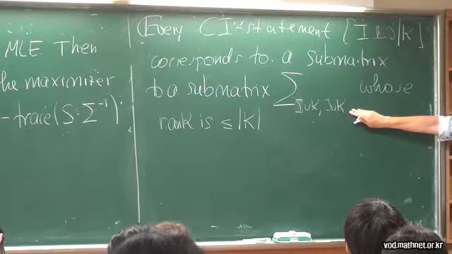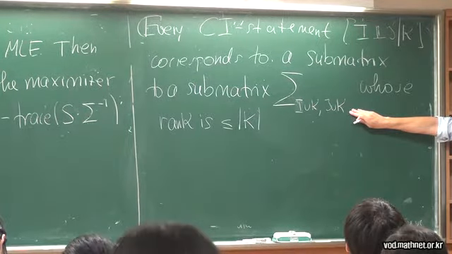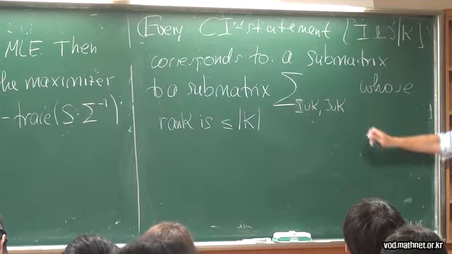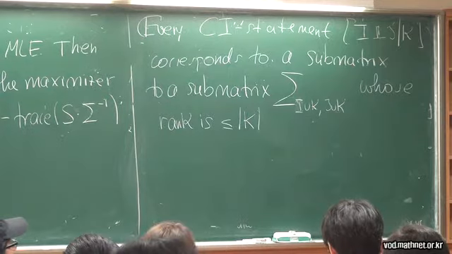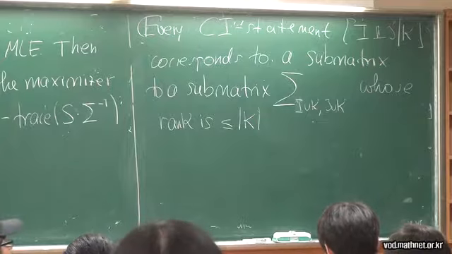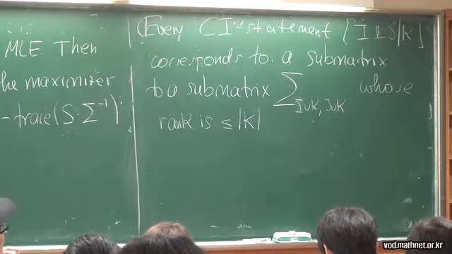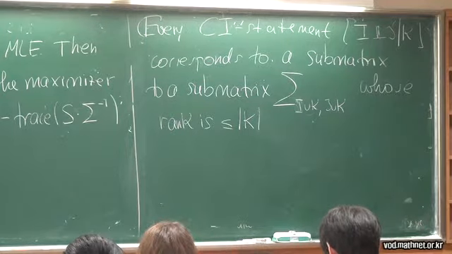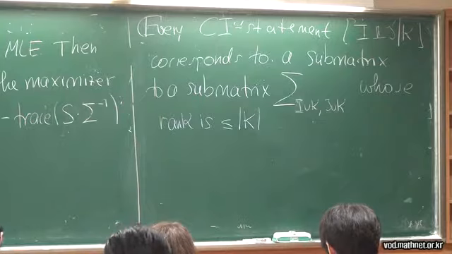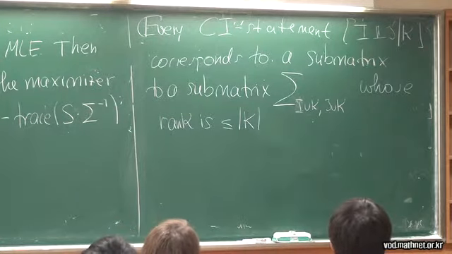So you have a conditional independence statement, I independent of j given k. Let's look at the set I union k. You pick those rows of sigma. Then you look at j union k. You take those columns of sigma. That's a rectangular submatrix of the covariance matrix. It has more than k rows and more than k columns. And the condition is that the rank is at most k. So that's a condition. Okay?